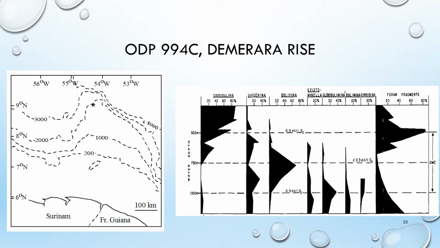This succession was a little bit more complex in that it contained two bugs in great abundance, Cassidulina and Uvigerina. This is a graph of what's called an oxygen minimum zone off California. And we can see that Cassidulina, this one, lives in shallower water than Uvigerina, this one.